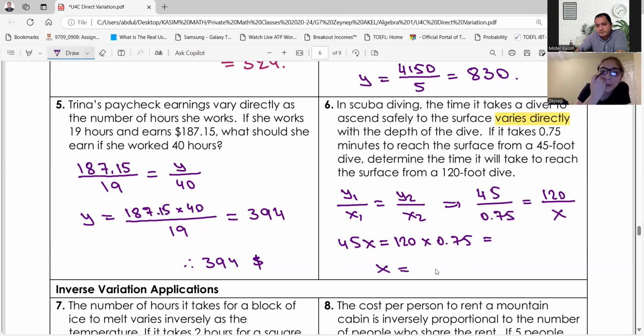So 90. 90 divided by 45. 90 divided by 45 is 2. Yes. Right?